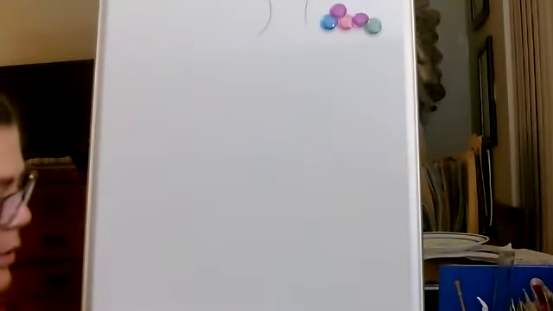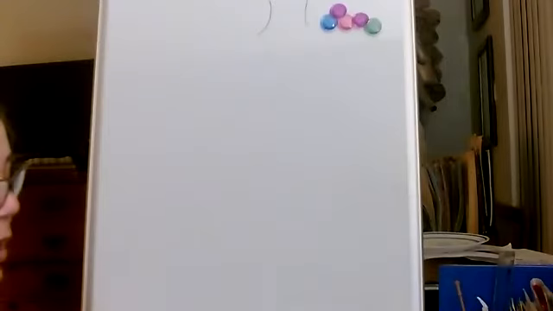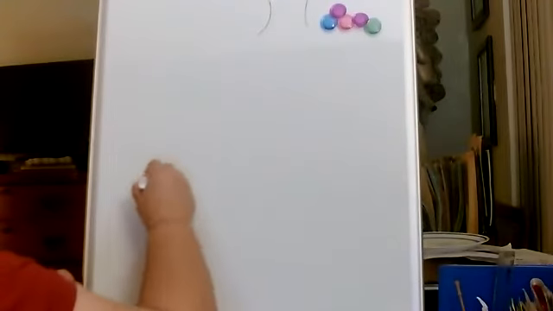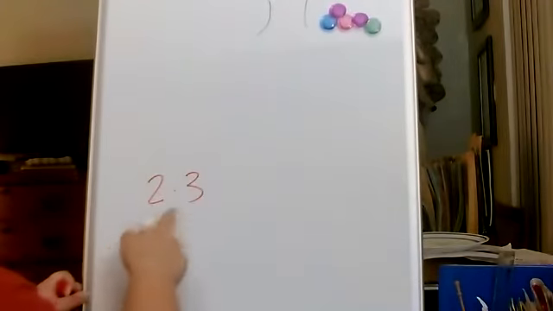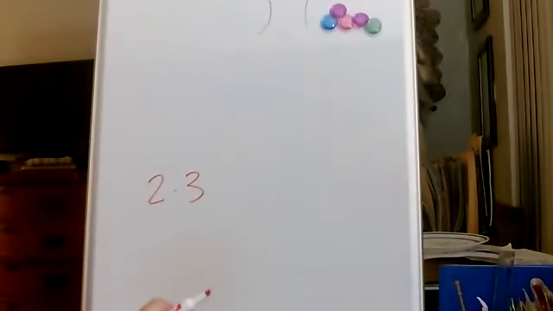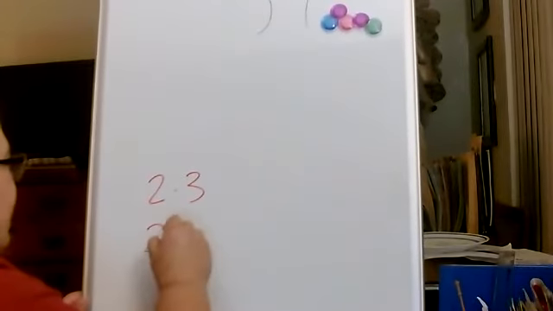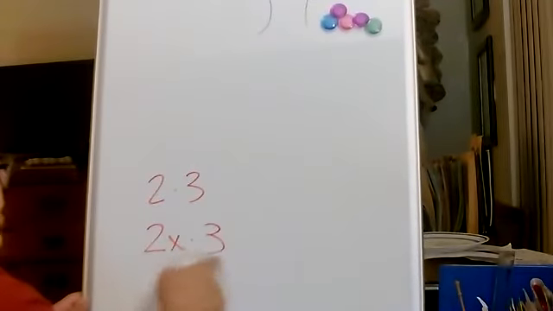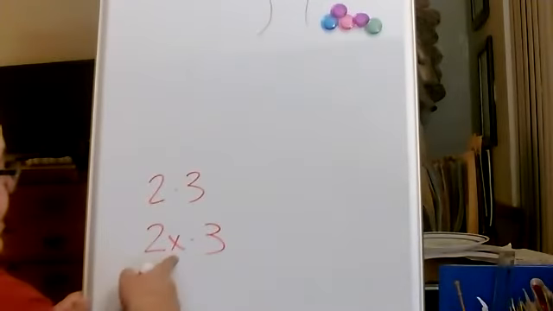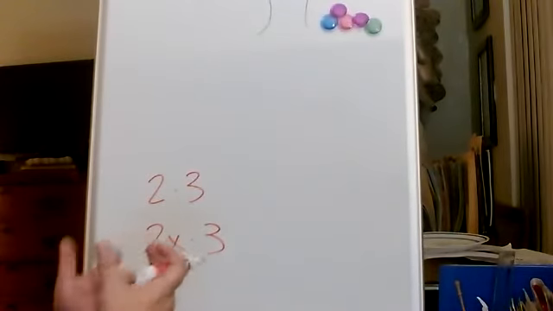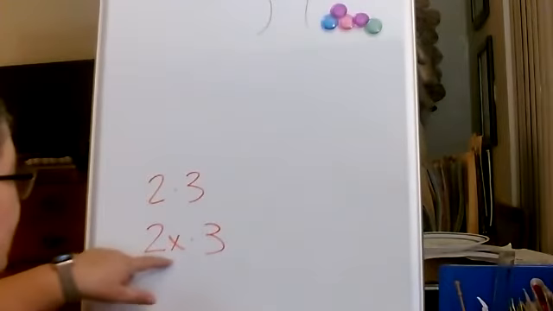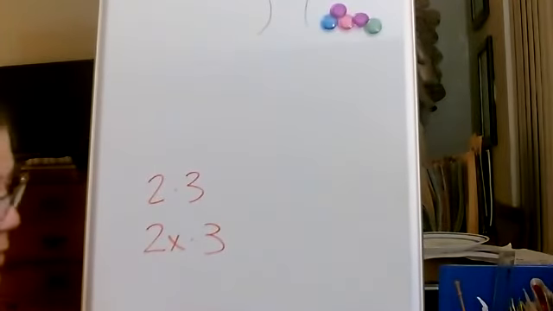So like terms. When we're talking about 2 times 3, these are like terms because they're both single numbers. But if we have 2x times 3, these are not like terms because this is 2 times x. This has an x on it that we don't know the value of. So we can't say that this is going to be the same as this.